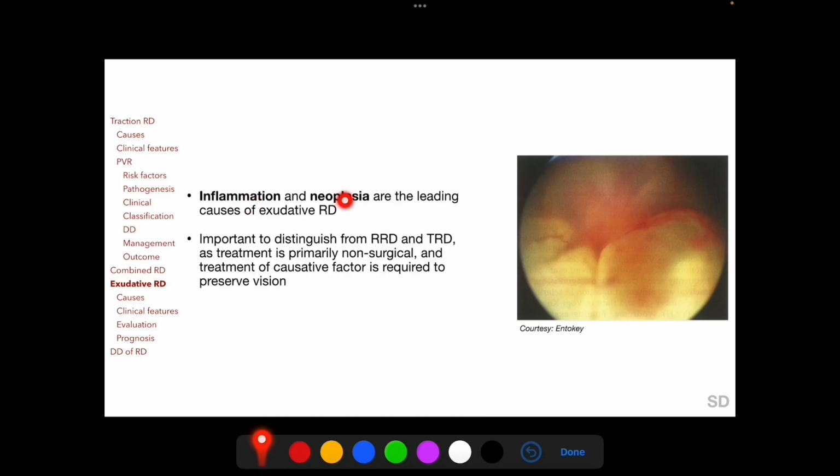Inflammation and neoplasia are the leading causes of exudative retinal detachment, and this is very important to remember. And it is important to distinguish exudative retinal detachment from rhegmatogenous and traction retinal detachment, as treatment of exudative retinal detachment is primarily non-surgical.